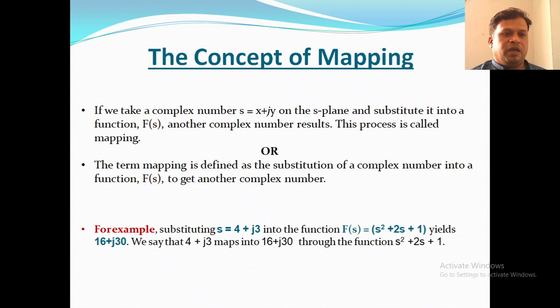The concept of mapping is also important. For example, s is equal to 4 plus j3 in the function s square plus 2s plus 1 yields 16 plus j30, a complex number. We say that 4 plus j3 maps into 16 plus j30 through the function s square plus 2s plus 1.